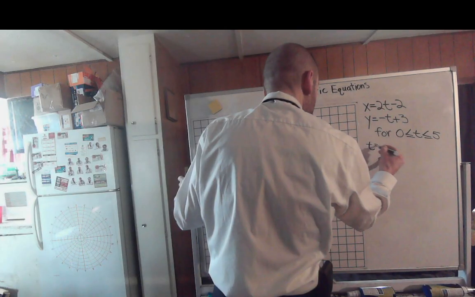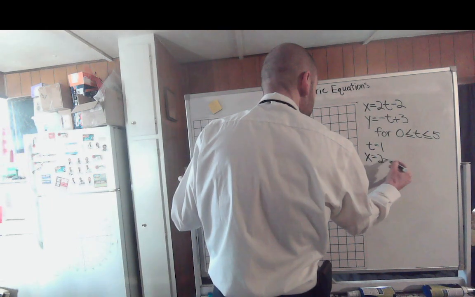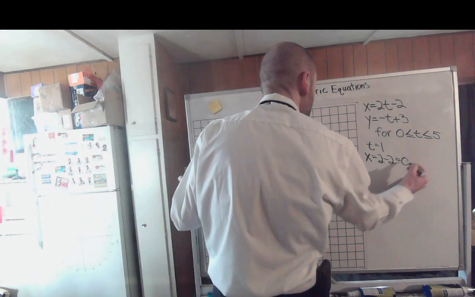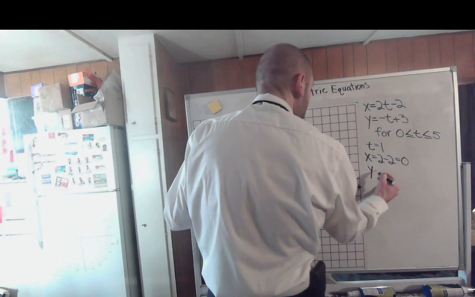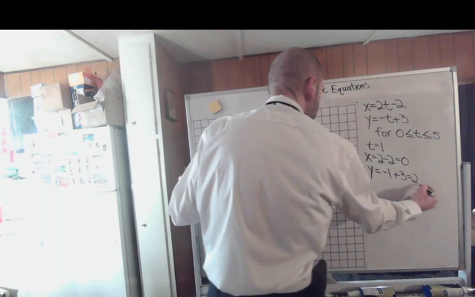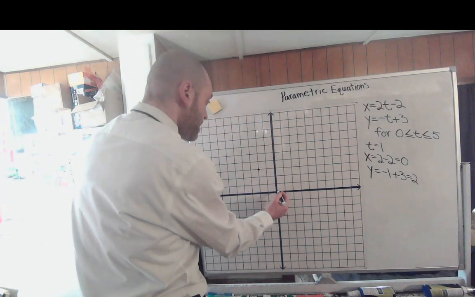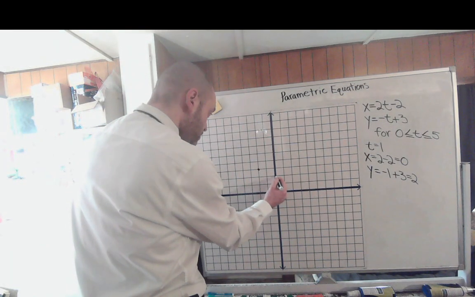So if t equals 1, that means we'll end up getting x equals 2 minus 2, which is 0. And then y would equal negative 2 plus 3, which would equal positive 1. So you would have your x coordinate at 0, y would equal positive 1. So that'd be right there.